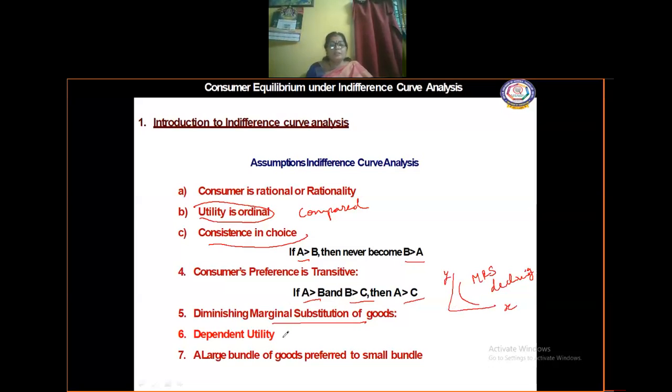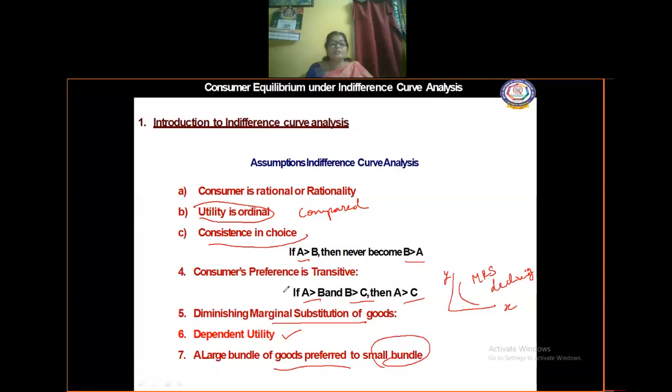So this approach is dependent only on utility. And a large bundle of goods is preferred to small bundles. So a consumer is rational, we have assumed, and the utility is ordinal, and the choice is consistent because in this economy the resources are limited. So a fixed income will allow a consumer to sacrifice another good for one good's preference.